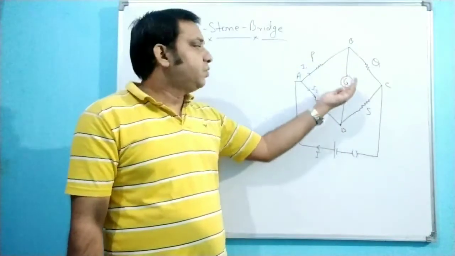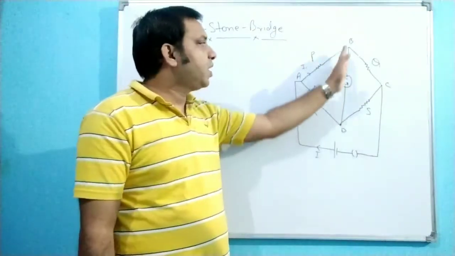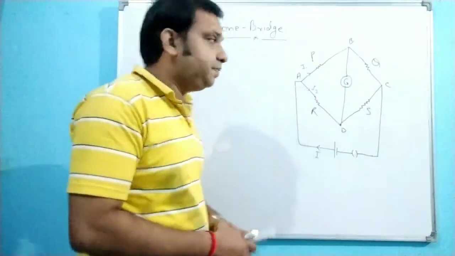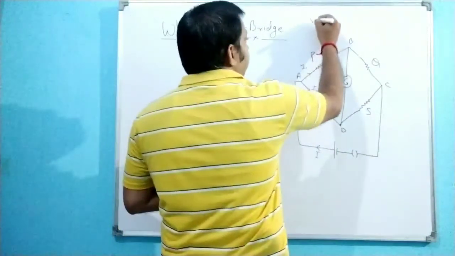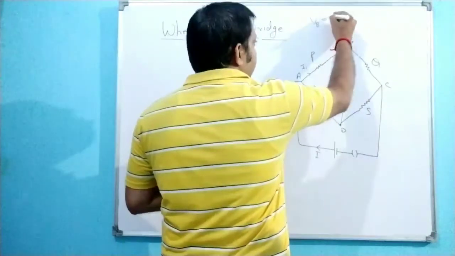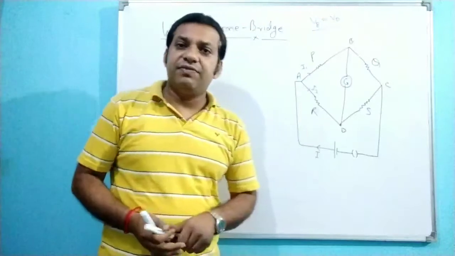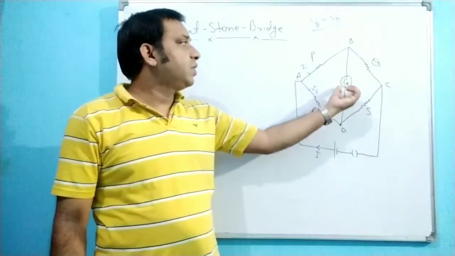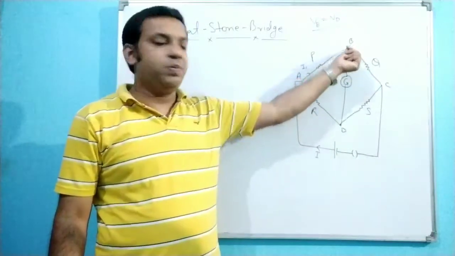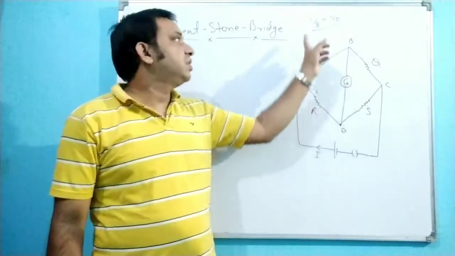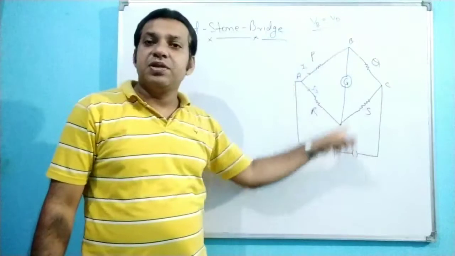When there is no current flowing in this branch, it is only possible when VB is equal to VD. That means the potential difference across the ends of this galvanometer, that is the potential of point B and the potential of point D, are equal, so there is no potential difference.